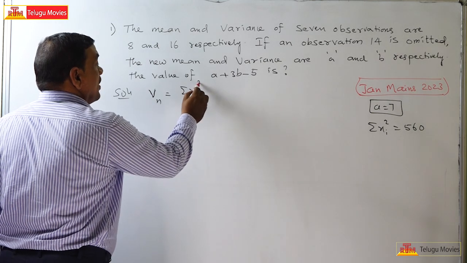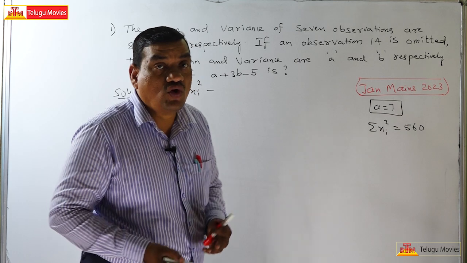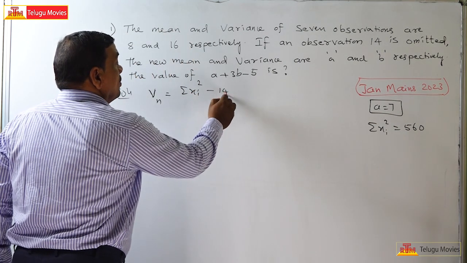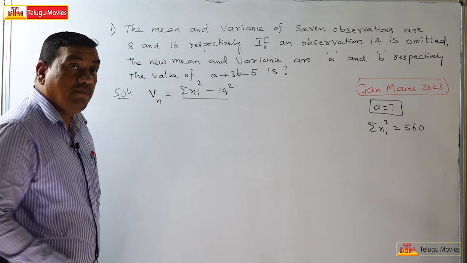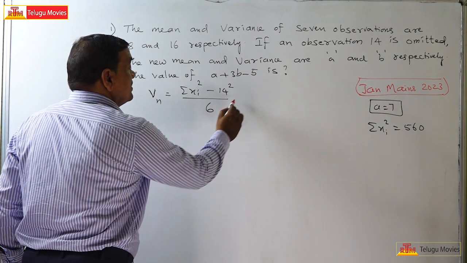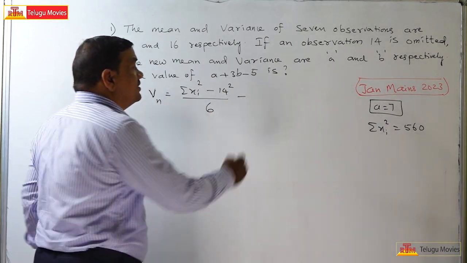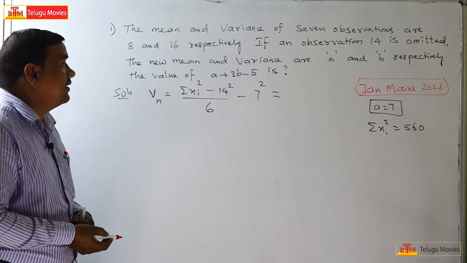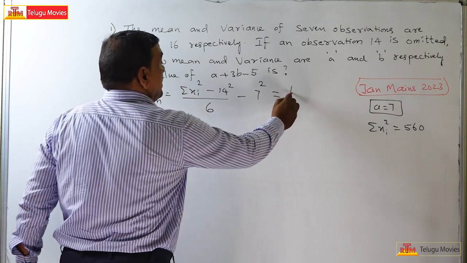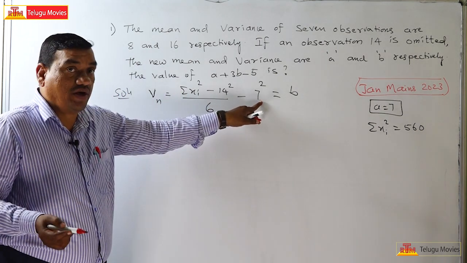Sigma xi square minus the observation that is removed, 14 square, by the number of observations 6, minus new mean 7 square. This value is nothing but B.